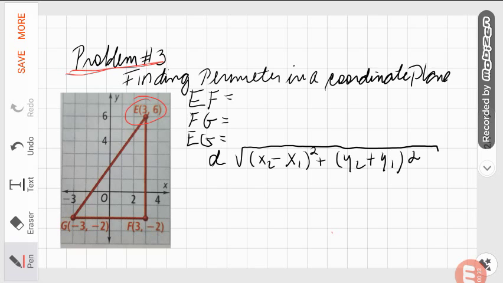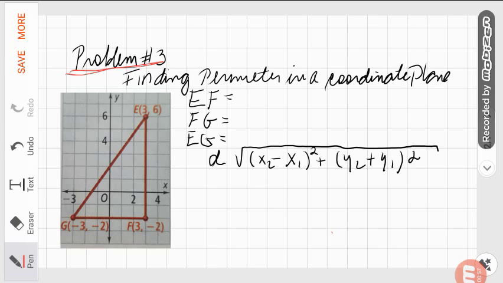Point E with the coordinates 3 and 6, and point F with the coordinates 3 and -2, and point G with the coordinates -3 and -2. When we trace them all together, we obtain a triangle, and this problem is asking us to find the perimeter of this figure that we have just traced together.